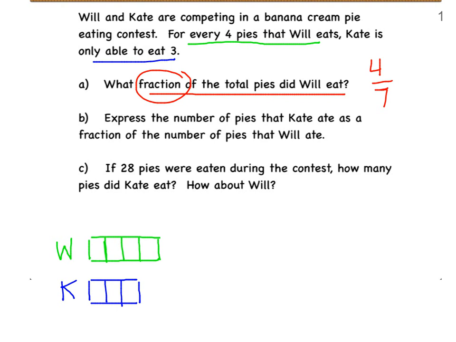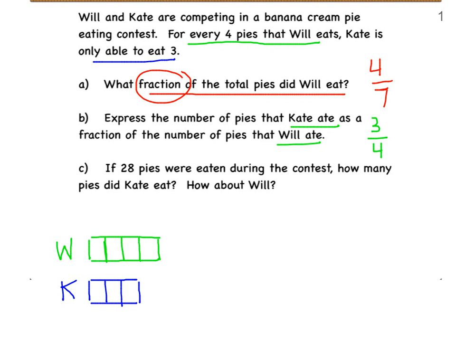Great, next question. Express the number of pies that Kate ate as a fraction of the number of pies that Will ate. Okay, so now we're going to be comparing Kate to Will. Well, I have 3 units for Kate and 4 units for Will, and I'm going to create the ratio, or the fraction, 3/4. Now, this is a point of confusion for a lot of students.